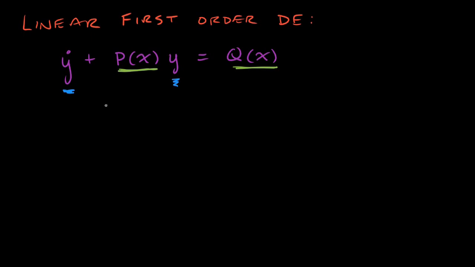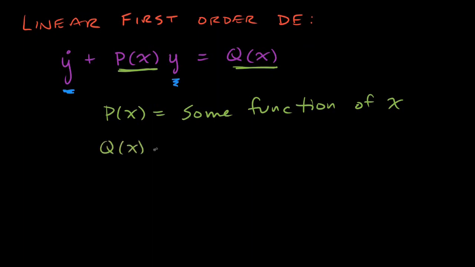Let me clarify just a little bit. p of x is some function of x, and that's possibly constant. And q of x is also some function of x. The first derivative of y plus y times some function of x equals some other function of x. And in that form, we can tell that it is a linear first-order differential equation.